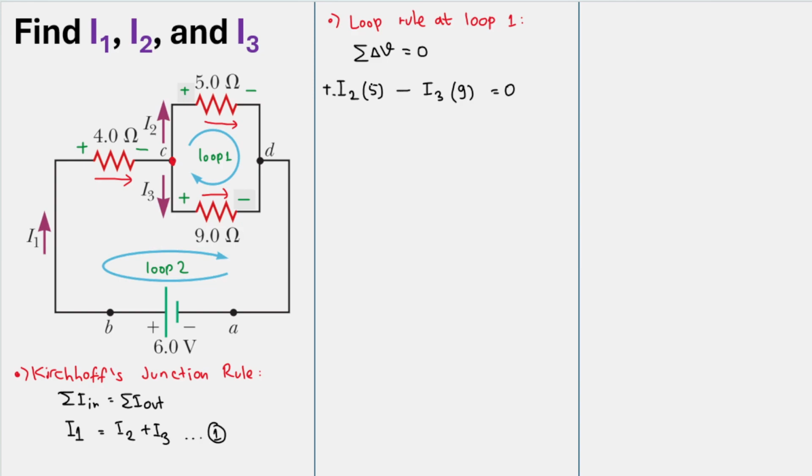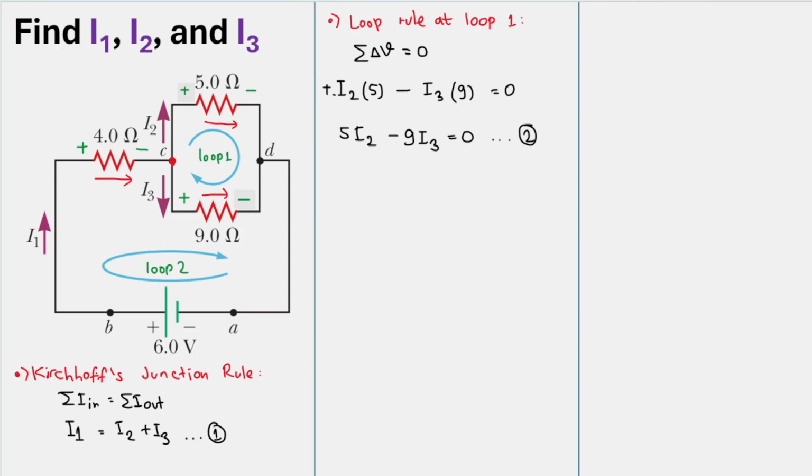Good. Now I2 times 5 and positive, I will have 5 I2, and here I will have minus 9 I3, and all of that will equal 0. Again, nothing that we can do, but let's save this as equation number 2.